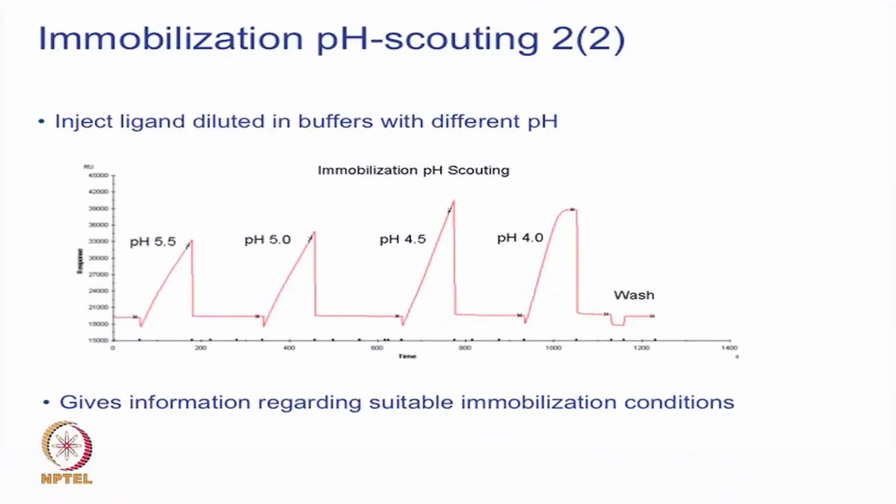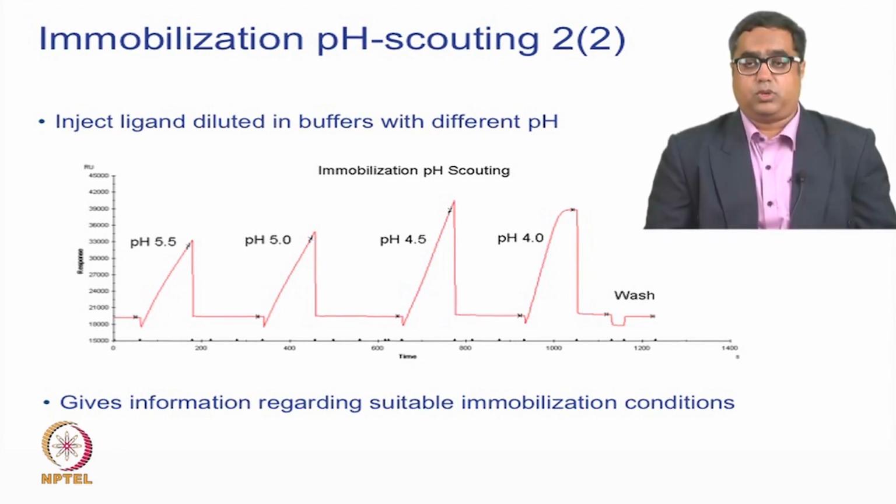In this process, if we are sometimes not aware of the pI because the molecule is a new molecule and it is just recombinantly expressed, and we do not know the molecular isoelectric point, in that case we will go for an immobilization pH scouting, in which we dissolve the protein at different pH and pass it on the surface of the chip and see what responses come from the molecule.